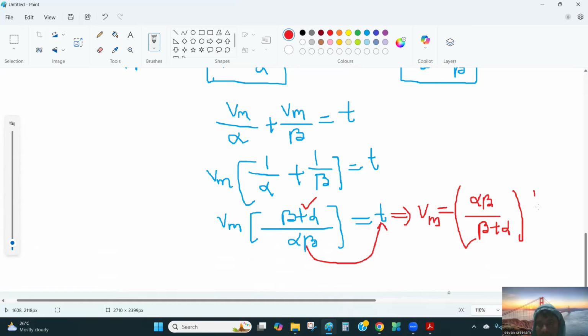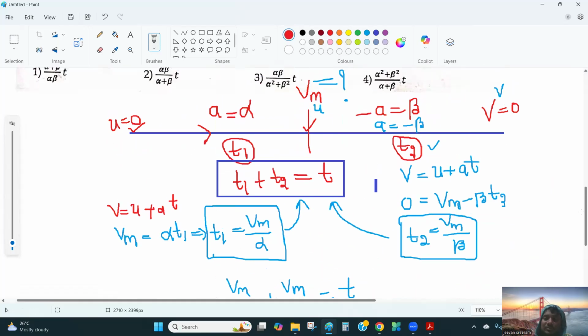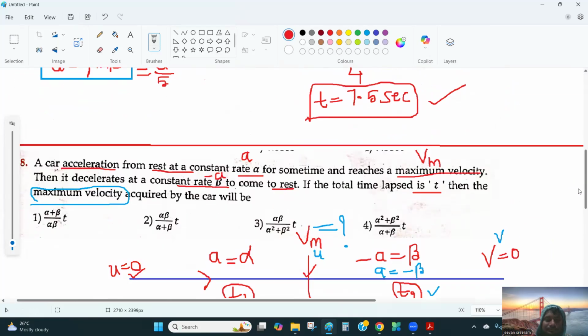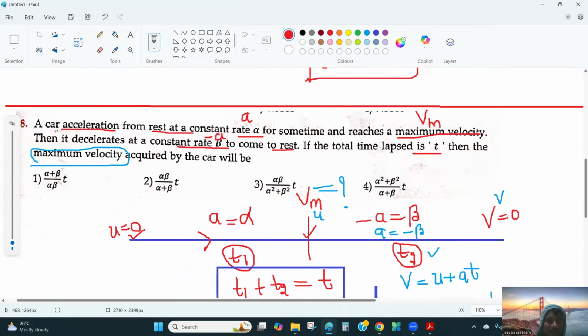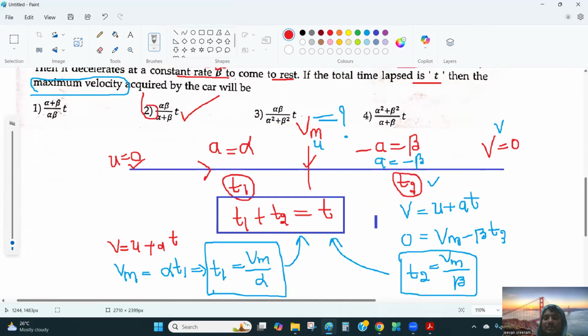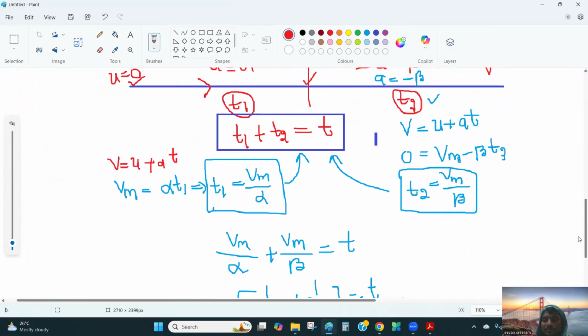So Vm is equal to alpha beta by alpha plus beta into T. So see the option. This is the second standard question of the set of questions.